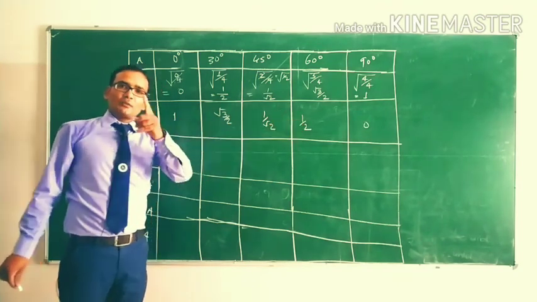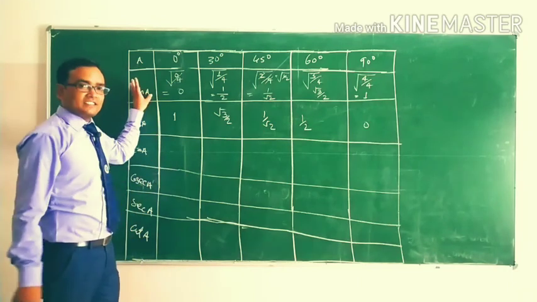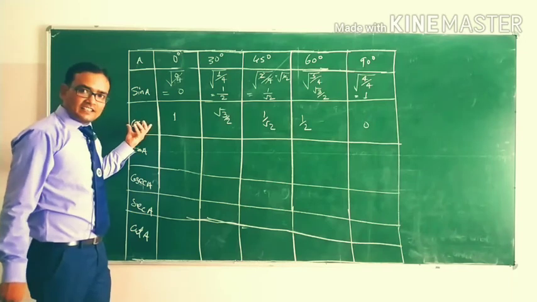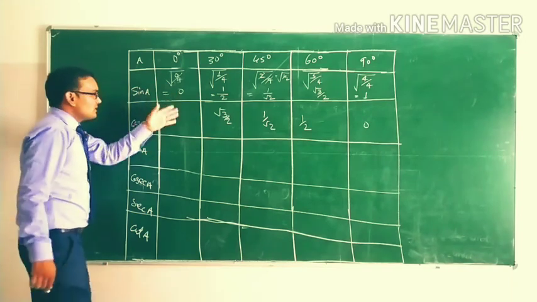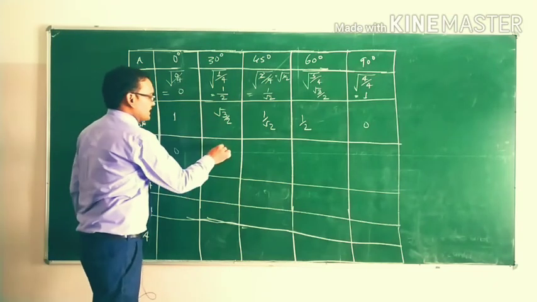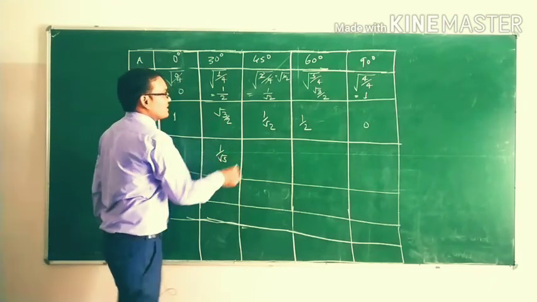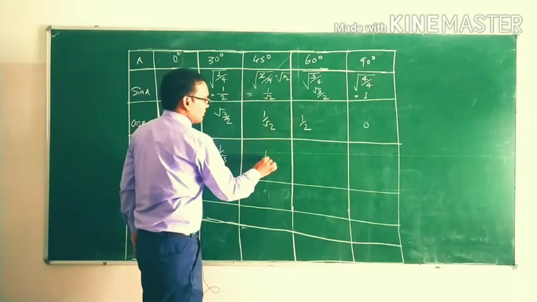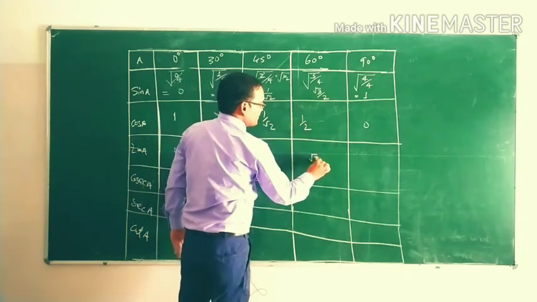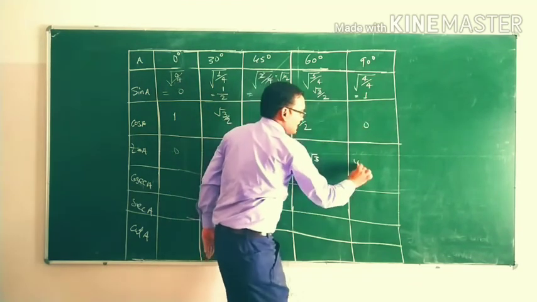We calculate sin A and then we also find cos A and tan easily, as the ratio of sin to cos: 0 upon 1 is 0, 1 by 2 over root 3 by 2 gives 1 by square root 3, then 1, then square root 3, and 1 upon 0 is undefined.